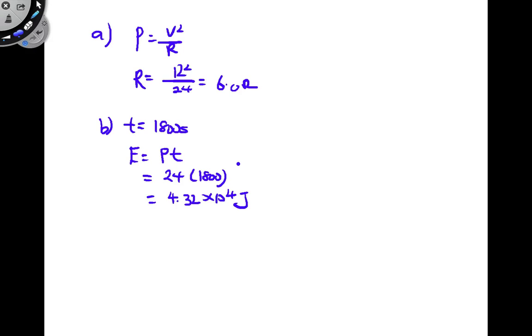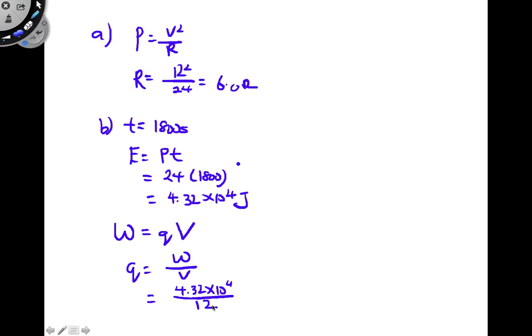Now, the number of electrons passing through the lamp. For this one, remember the equation: the total energy transferred is equal to the total charge multiplied by the potential difference. To find the total charge, take Q equals W over V, which is 4.32 times 10 to the power 4 divided by 12 volts, and you have a total of 3600 coulombs.